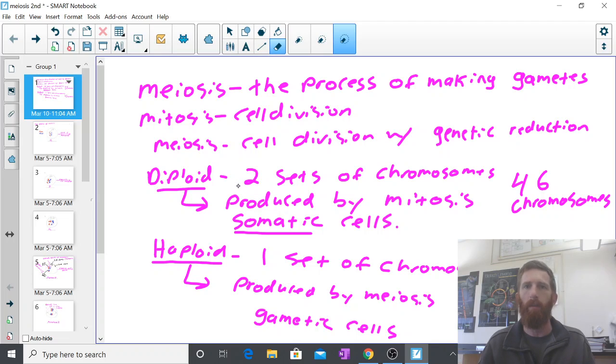We have two sets of chromosomes, one from mom, one from dad. To make gametes, we want those gametes to be haploid so that when the two gametes combine, we get a diploid cell, rather than if both gametes were diploid, then we would get a quadruploid cell, and that just wouldn't survive. That wouldn't be good at all.